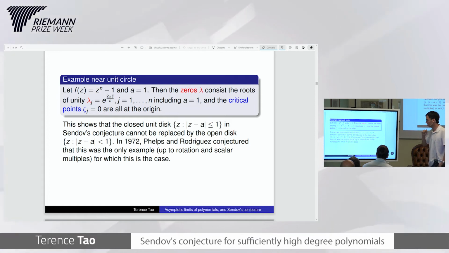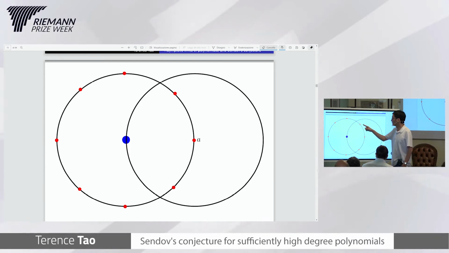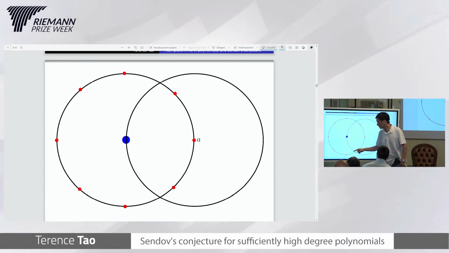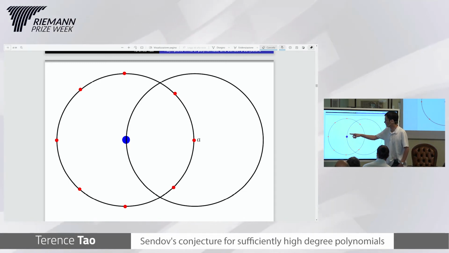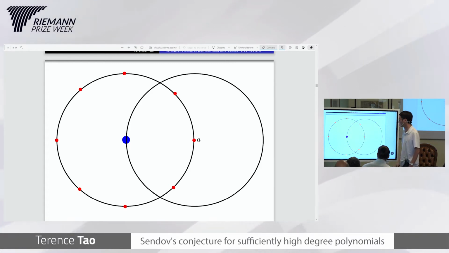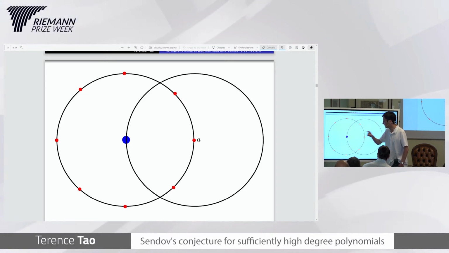If we have the next slide, please, I'll show you the picture. Right, so here the zeros are all on the boundary of the unit circle, and the special zero is at 1. And then this big blue dot represents that all the critical points are at the origin. And so the distance from this zero to the critical points is exactly 1.